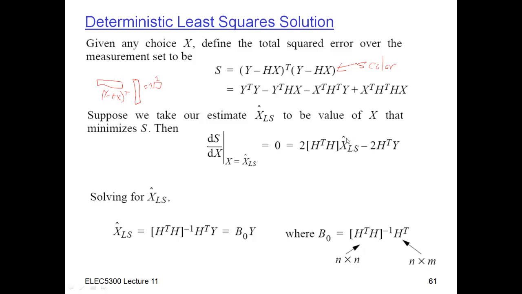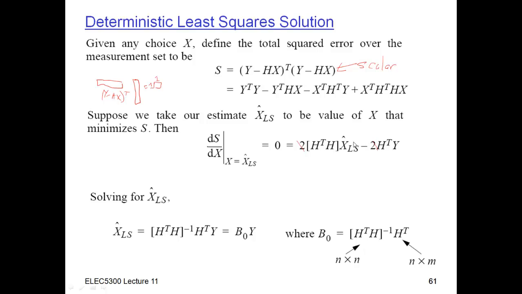If I set this thing equal to 0, that's going to give me my estimate that minimizes S. So now I can move this one over to the other side, divide both sides by 2, and then invert this.